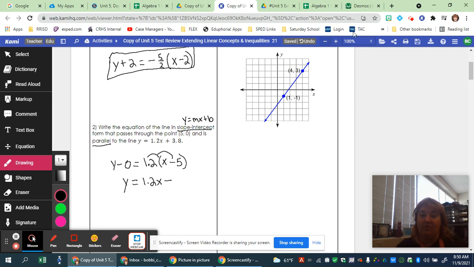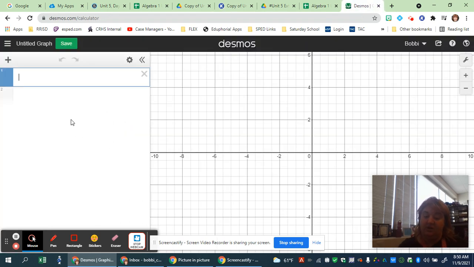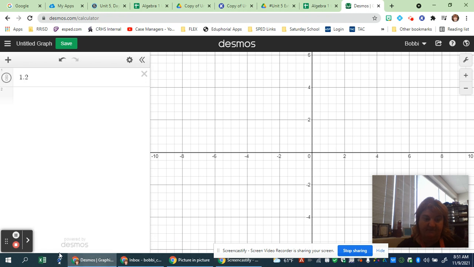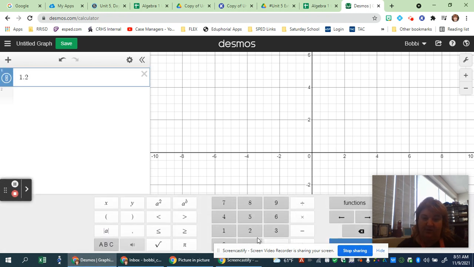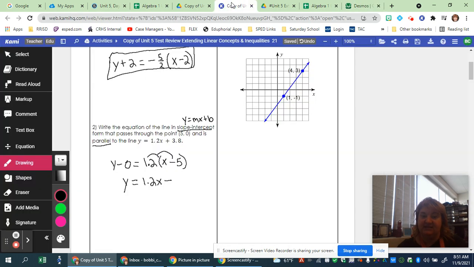But if you don't know that, go over here and put 1.2 times, and to do your times, let me kind of move these so you can see it. You can pull up right here the keyboard and hit times negative 5. And it equals negative 6. That's my answer. 1.2 times negative 5 equals negative 6.